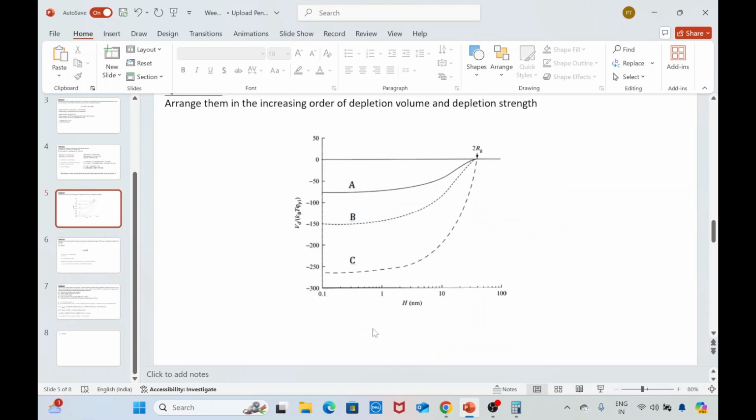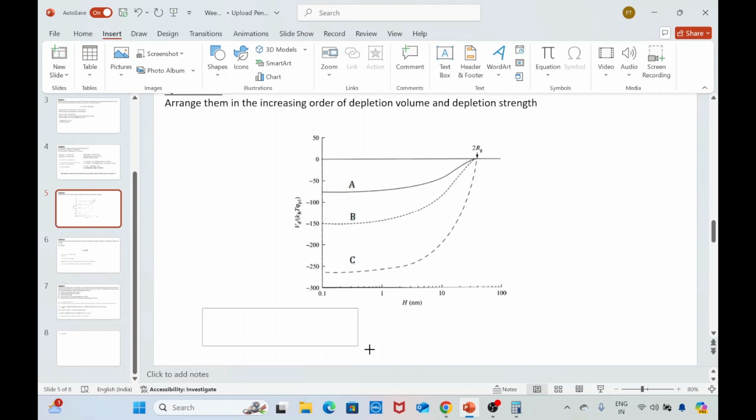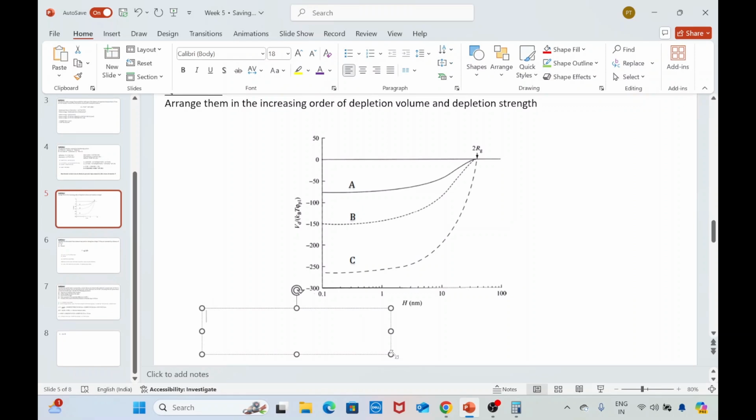It is C that has the high depletion strength, because if you see the graph, you can easily tell the value for C is much higher compared to B as well as A. So it will be A less than B, less than C. Now they are asking us to keep this in increasing order of their depletion volume.